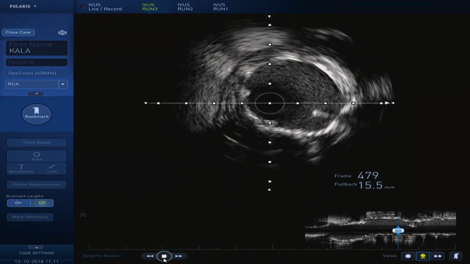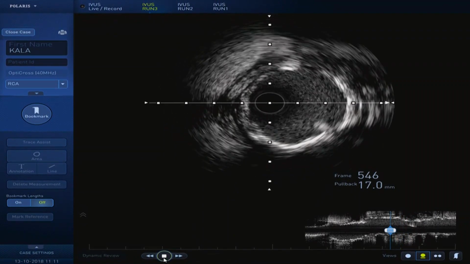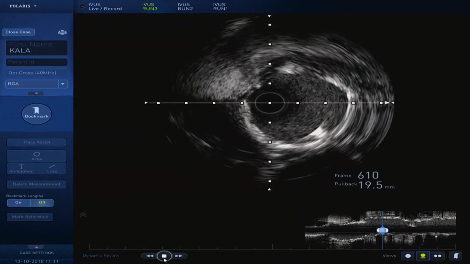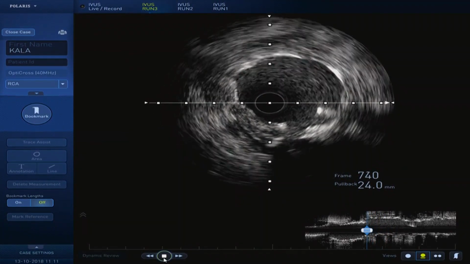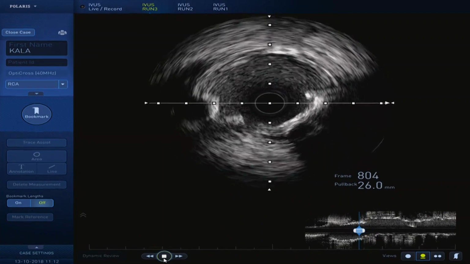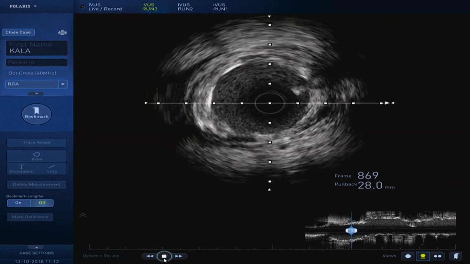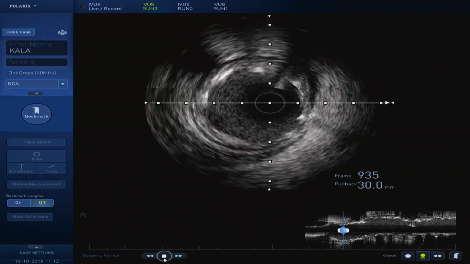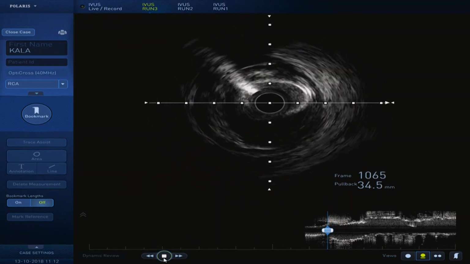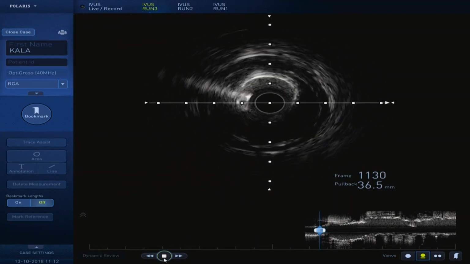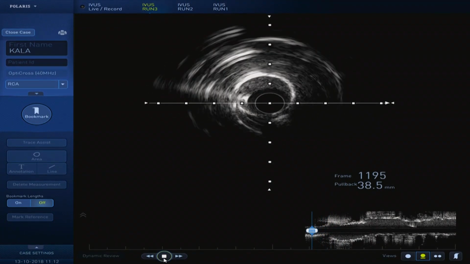And now you can see the stented area, it's round, it's open, and as you pull it back, you can see that we are all right, and maybe that's the normal segment. There is some disease also there, and that's the guiding mark.